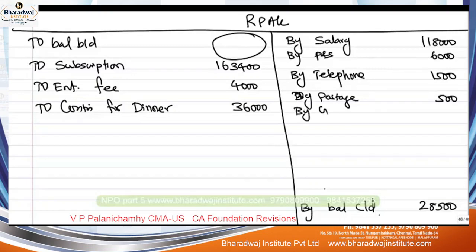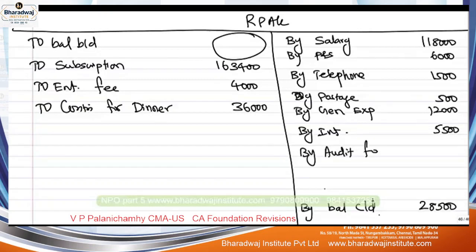Then 12,000. Interest and bank charges 5,500. Audit fees, don't take what is given in income and expenditure account. It is given what is paid. What is paid? 2,000. Then annual dinner expenses.